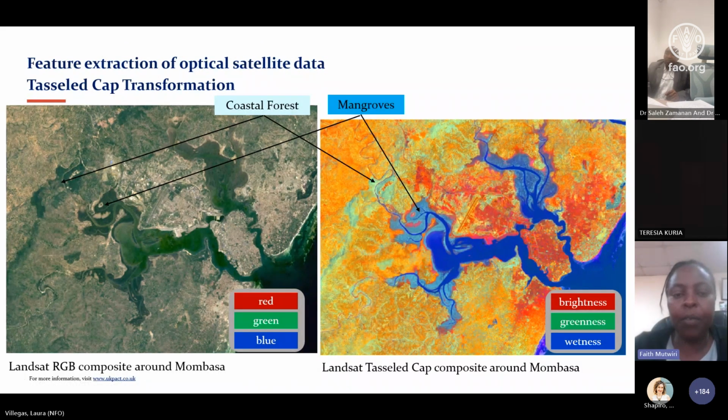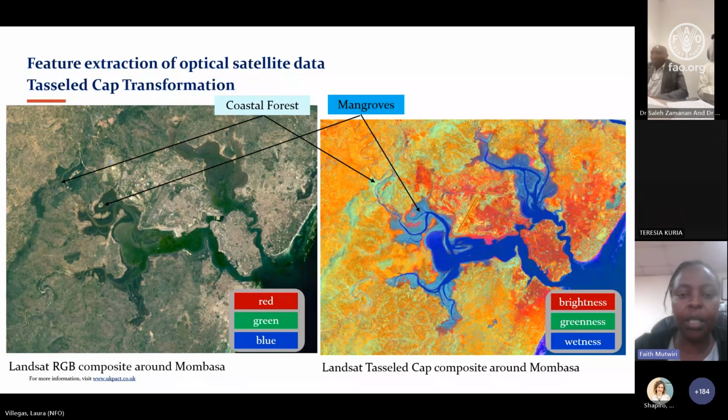One of the algorithms that we use is the tasseled cap, a remote sensing technique for analyzing vegetation areas. Of course, there are many others that can be done, but the one that we have found to be working is the tasseled cap. On the left, we have the Landsat composite in red, green, and blue, RGB, around Mombasa, one of the cities in Kenya where the mangrove is.